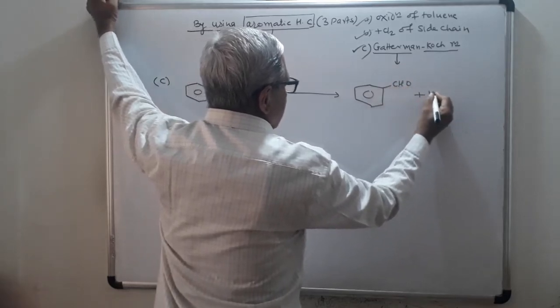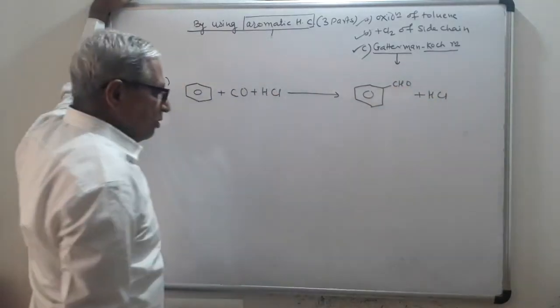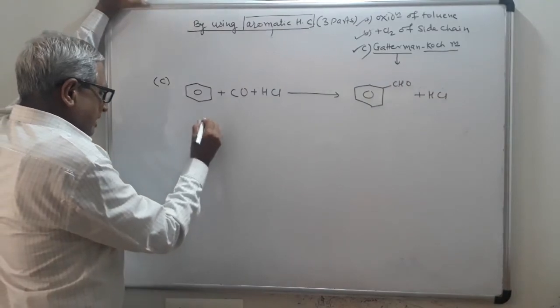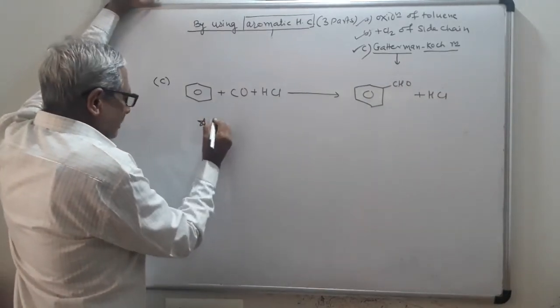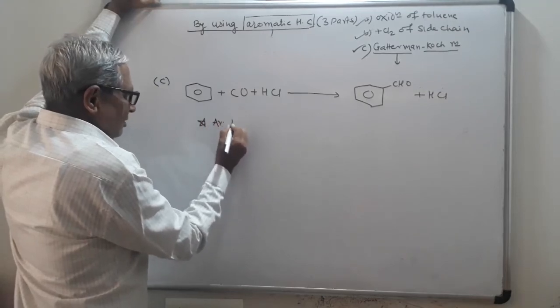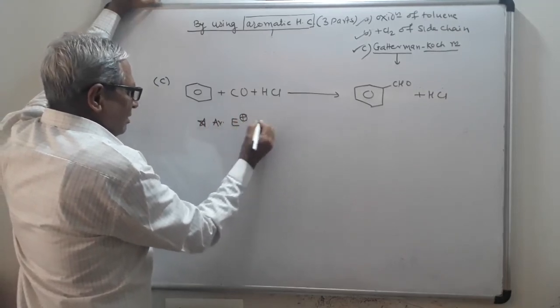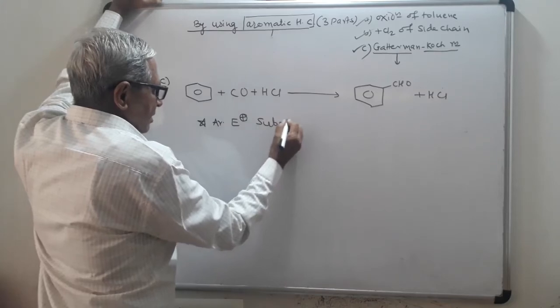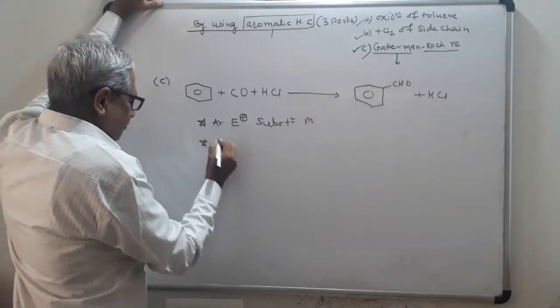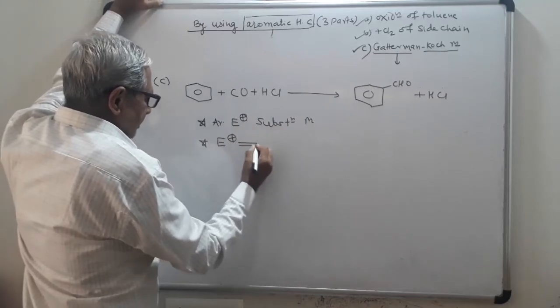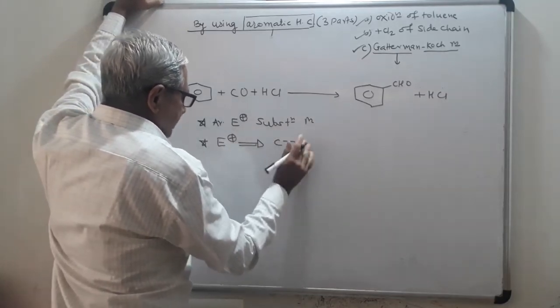plus HCl. Here, a number of questions. This reaction is known as, type of the reaction is aromatic electrophilic substitution reaction. Next question, the electrophile in this reaction is carbon monoxide.